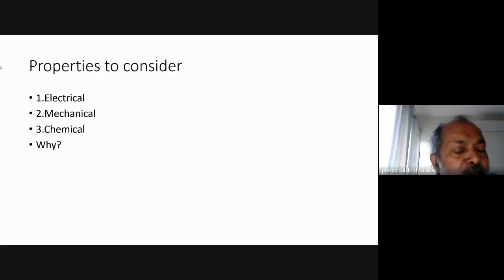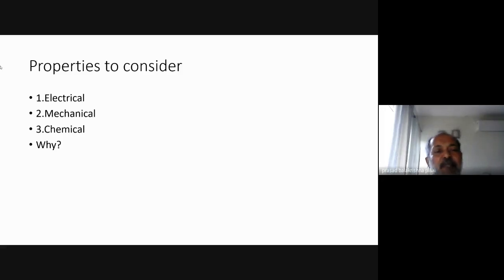That means the mechanical devices also you want to make with silicon as far as possible. So the mechanical properties of silicon should be found, and we have to streamline it. So we need to consider those elastic and other mechanical properties.